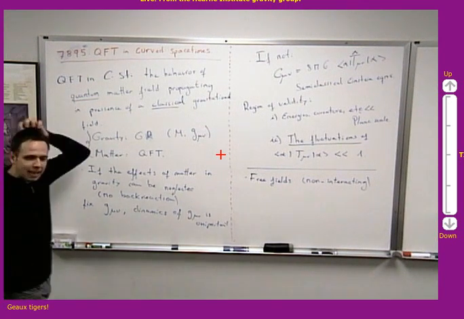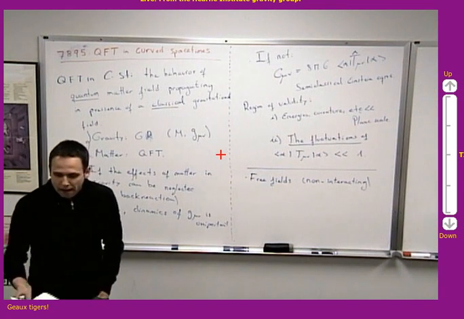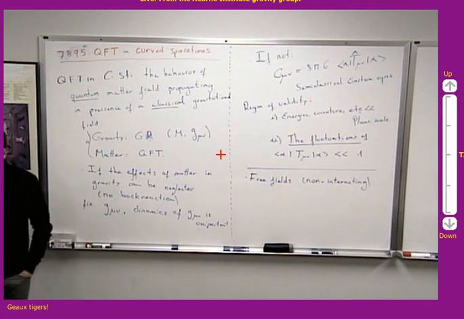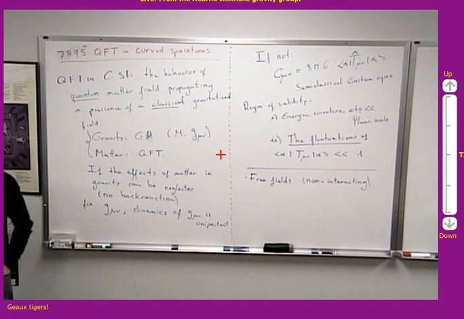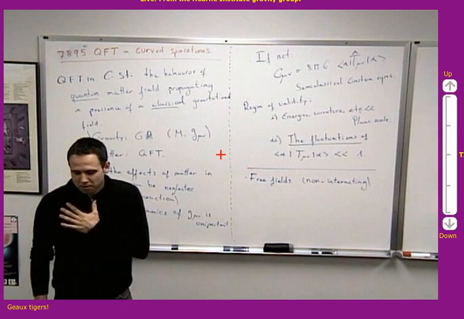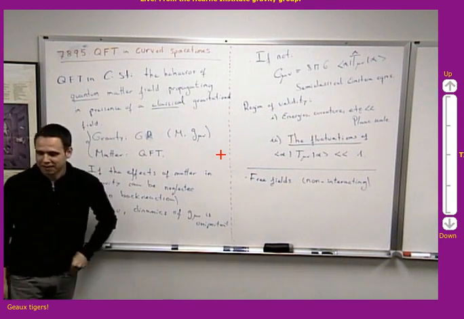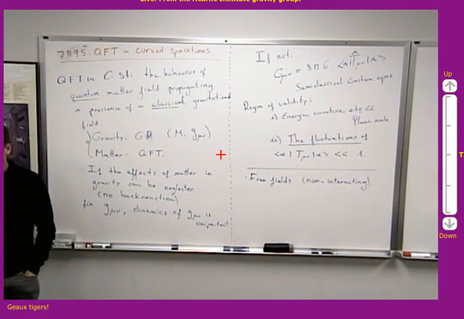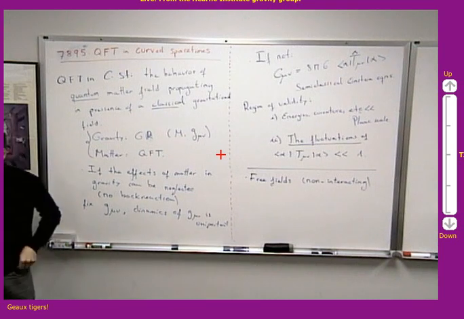And the reason is that the standard way of learning or formulating quantum field theory in flat spacetime relies a lot on Poincare symmetry. Poincare symmetry is just Lorentz transformations plus translations, space and time translations. And even if you don't realize it, the standard formulation of quantum field theory in flat spacetime relies a lot on Poincare symmetry.